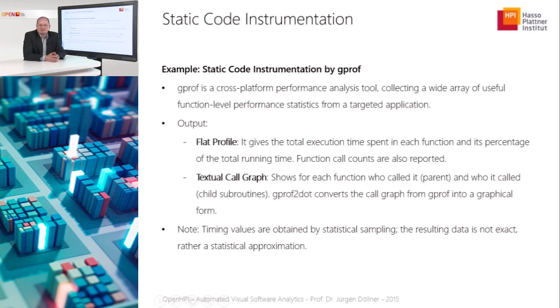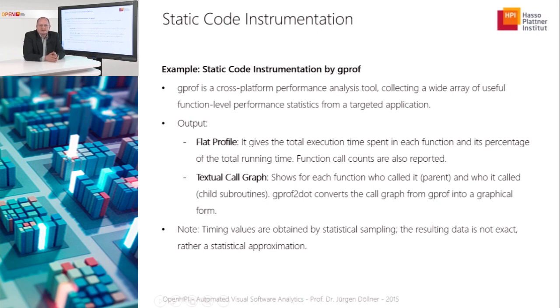It's a so-called flat profile. It gives the total execution time spent in each function and its percentage of the total running time. Also, function call counts are reported. So the flat profile is maybe the key data that is produced by a gprof augmented system.